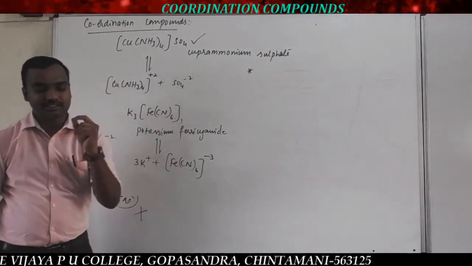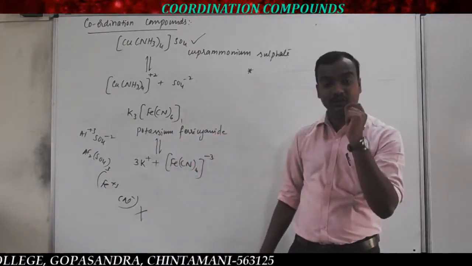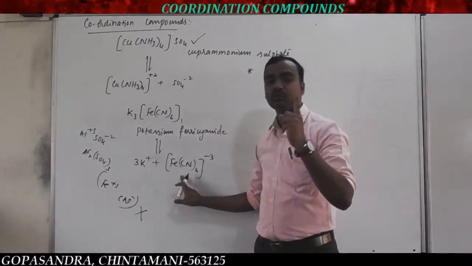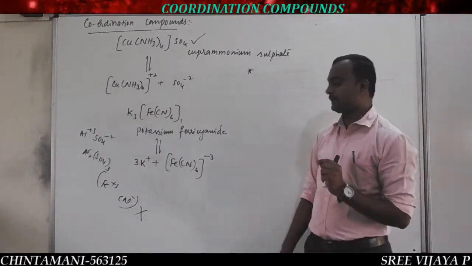So double salts give all the ions present in them, but coordination compounds, simply called complexes, give at least one complex ion on ionization. That is the one difference.